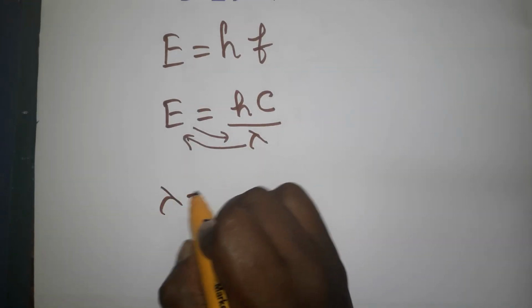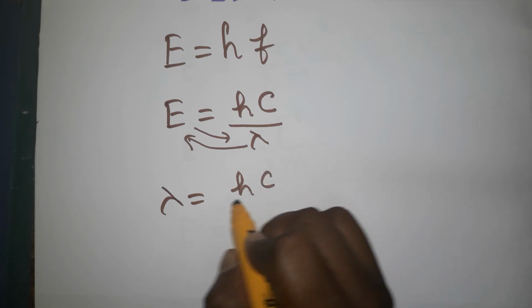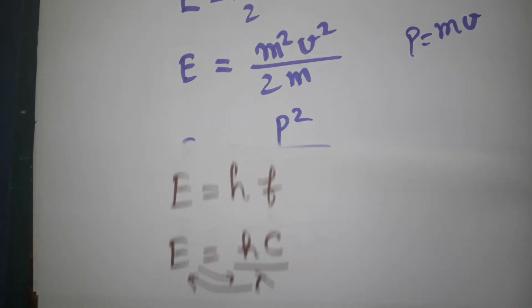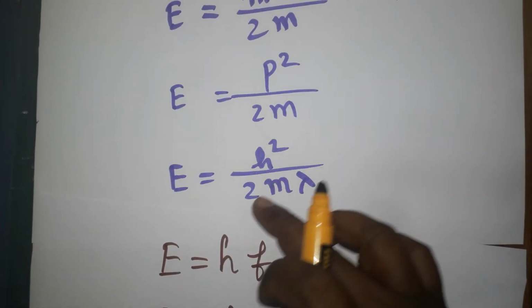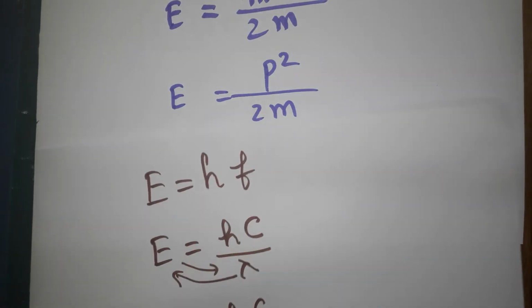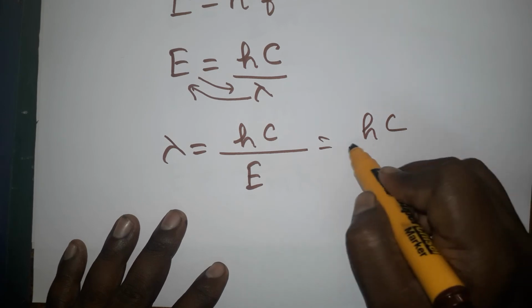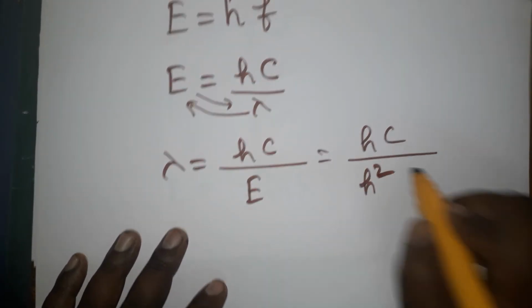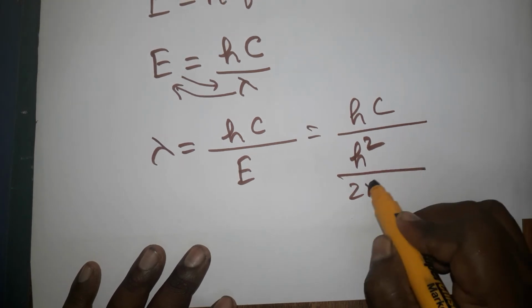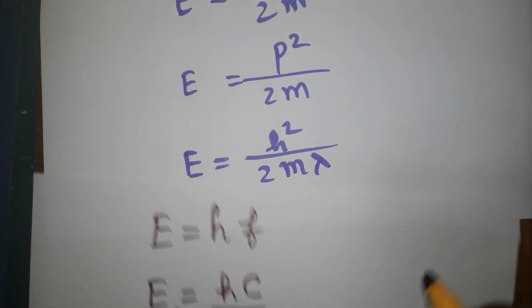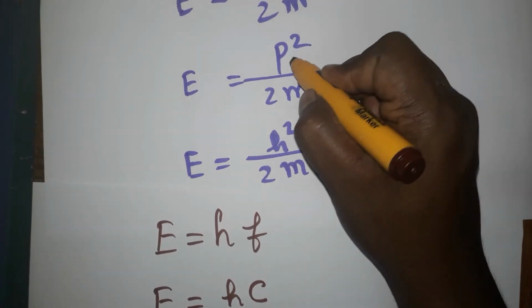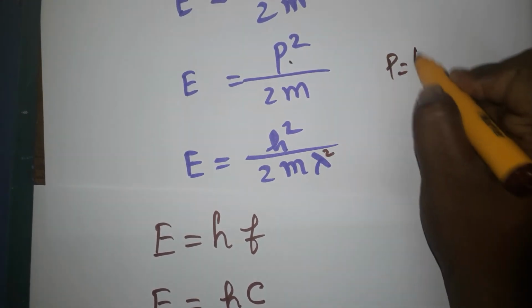So wavelength is equal to hc divided by E. What is E? Energy, which I already got as h square divided by 2m lambda square, because p is equal to h divided by lambda.